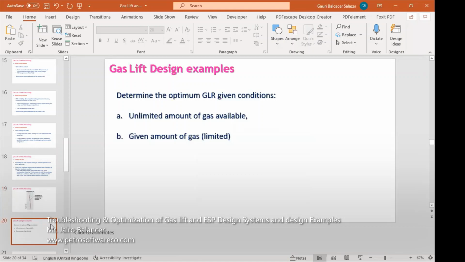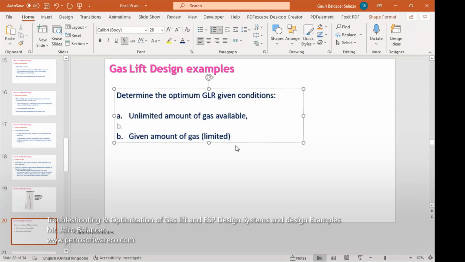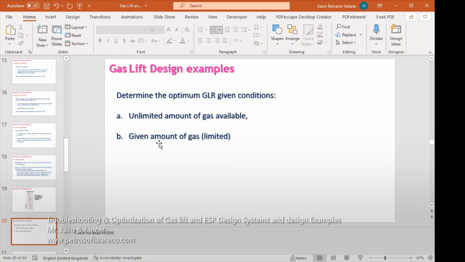So we will now go to check two examples: determine the optimum gas lift ratio given the condition that an unlimited amount of gas is available, or that a given amount of gas is limited. We will see those.